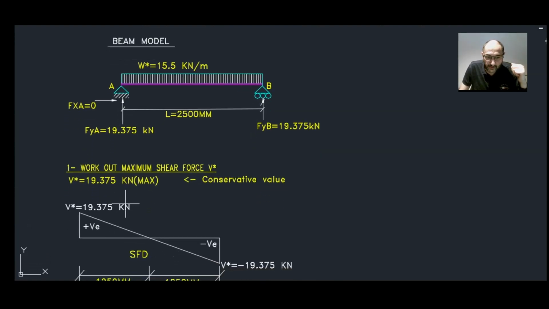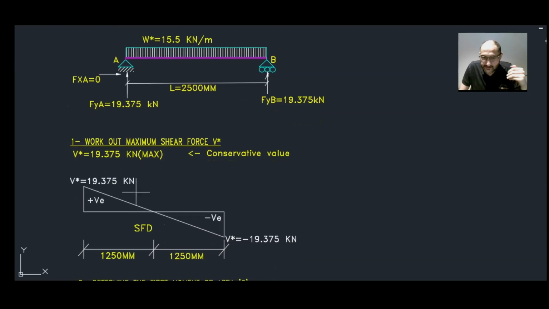Now step 1, let's work out the shear force. For this example, we will work out the shear force and the shear flow as well as the fixing required based on the conservative value of the maximum shear force, which is 19.375, assuming that the shear force is right through the entire beam, like a point load.